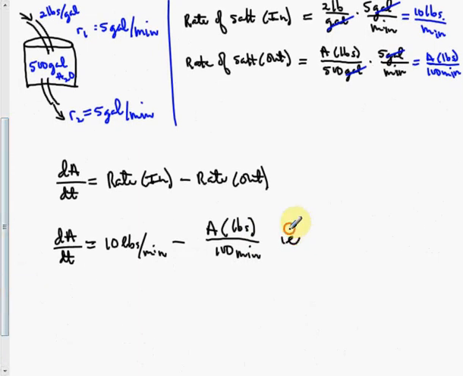So I'm just going to use this. This is just shorthand notation. dA over dt is equal to 10 minus A all over 100. We'll just use that. Okay.